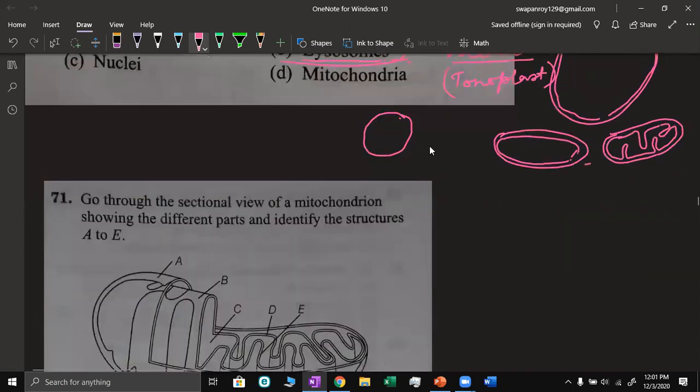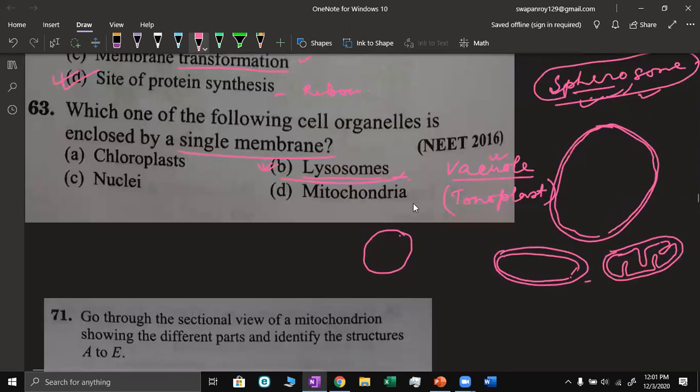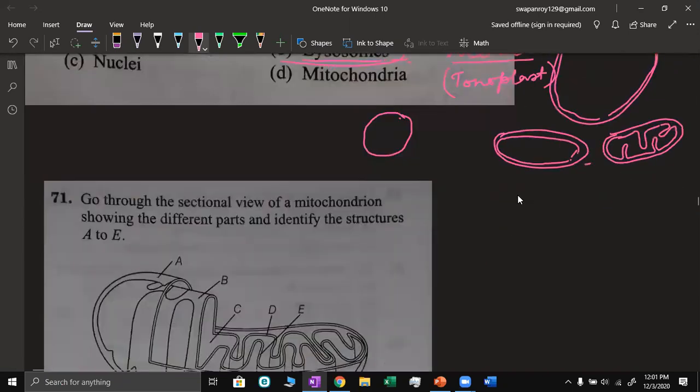So you have to remember the double layer, single layer, and those which are not having any membrane. Those which are not having any membrane are ribosome. Ribosome is without membrane.